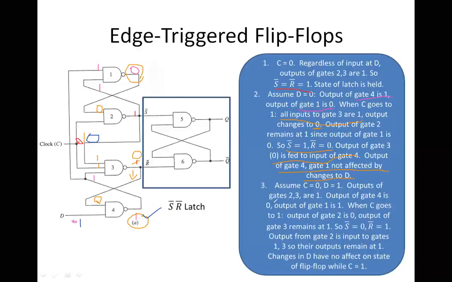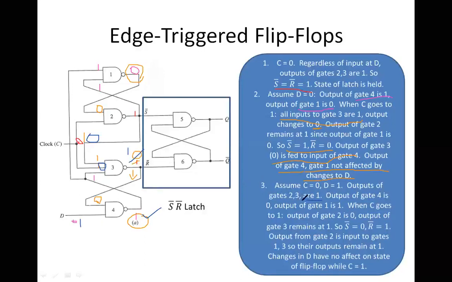Output of gate 1. Assume C is equal to 0. So when C is equal to 0, so 0 comes here. The gate's output is changed to 1. So 0 into anything is 0. So this 0 will now become 1.